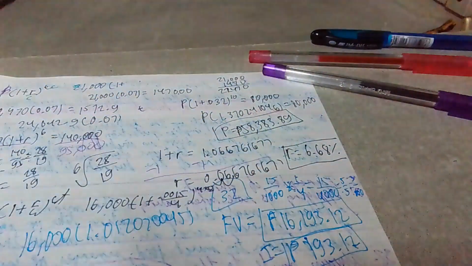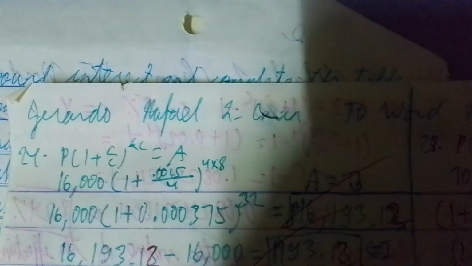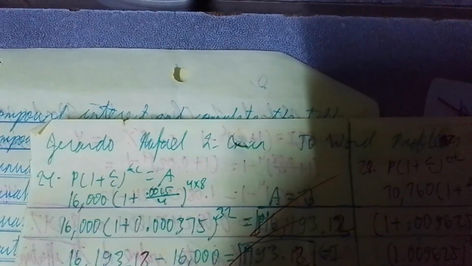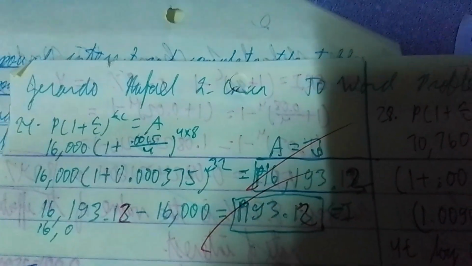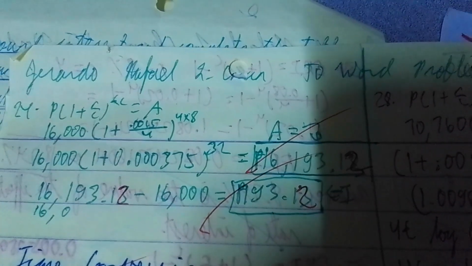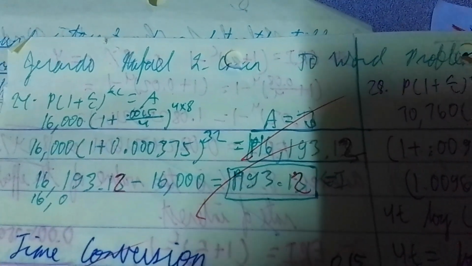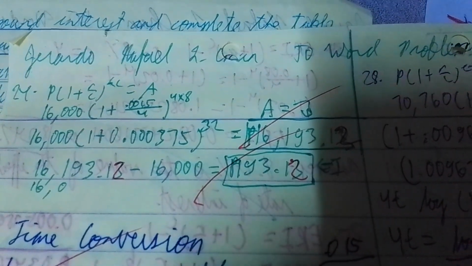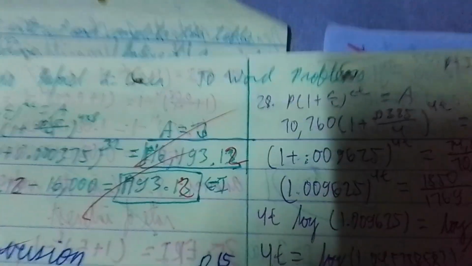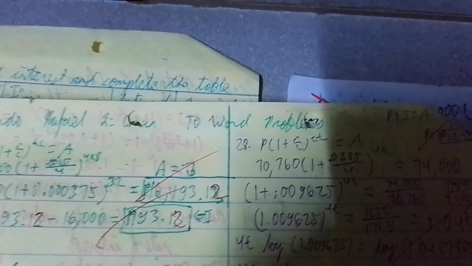Looking back at my solution sheet, this is the formula I used. P times the quantity 1 plus R divided by C, raised to the power CT, equals A. And that's what we did. And we come up with this answer. Raising it to the 32nd power, we should get this answer. So that is the amount, 16,193.12. And the interest is 193.12 pesos.